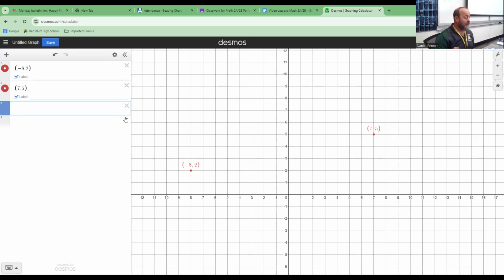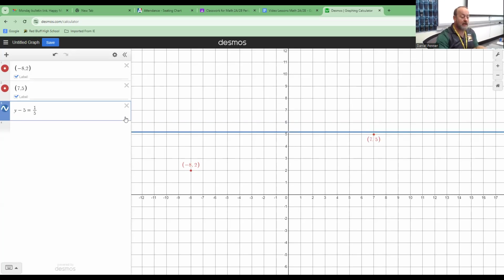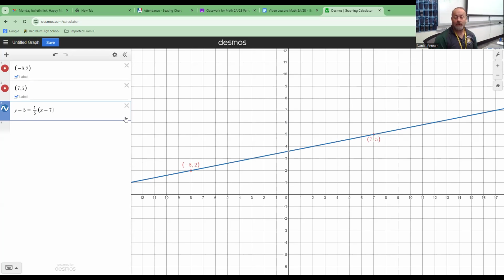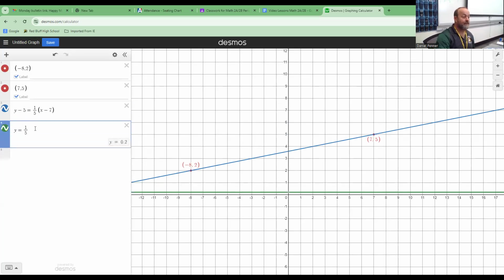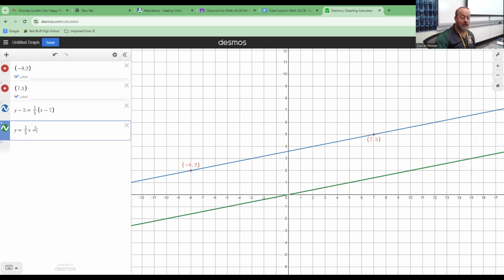And so I have my three forms. My first form was y minus 5 equals, let's see, it was 1/5 times (x minus 7). And if I've done this right, it should go right through my 2 points, and it looks really nice and pretty. Then I'm going to try that again, and I'm going to try y equals 1/5 x plus 18 fifths.